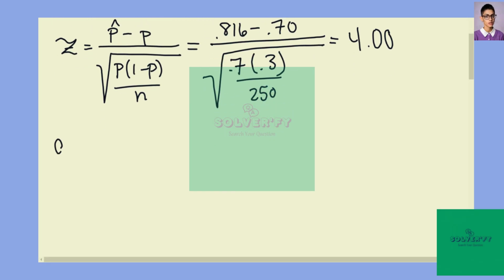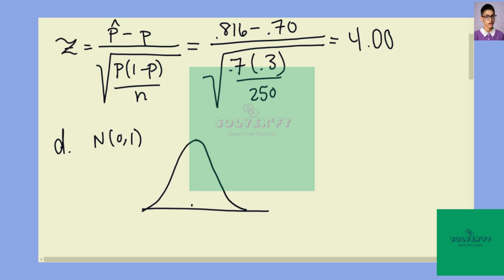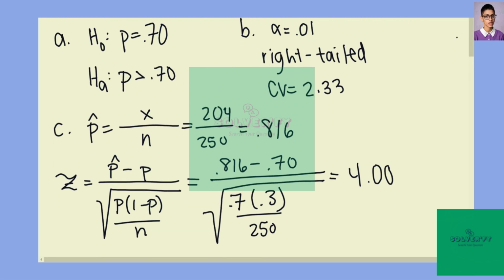So next we are going to graph this on a normal curve, with a mean of 0 and a standard deviation of 1. First we'll graph our critical value in red.